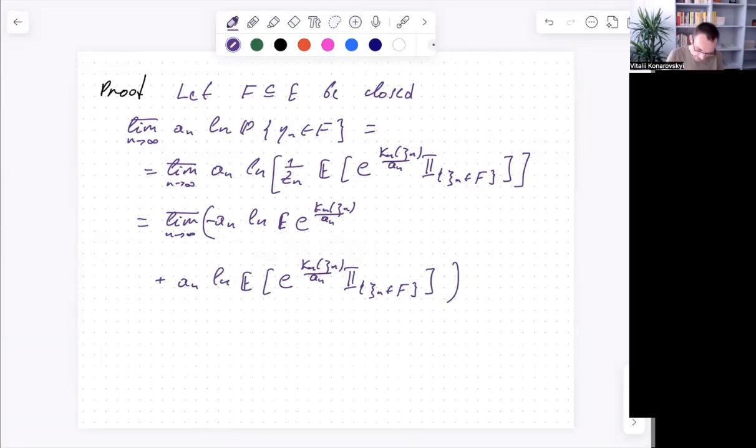Okay, and now the idea is the following. We want to estimate these probabilities. In particular, we want to estimate this term with supremum. Therefore, when we put supremum here, we need to move this minus outside the supremum. Here you will get infimum.